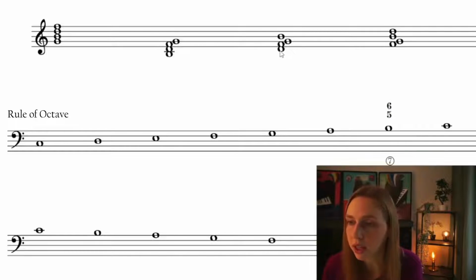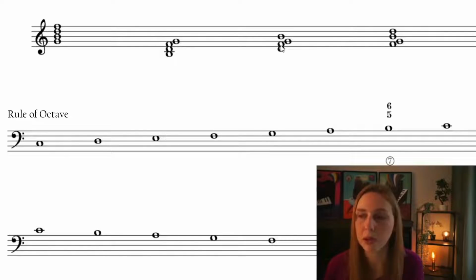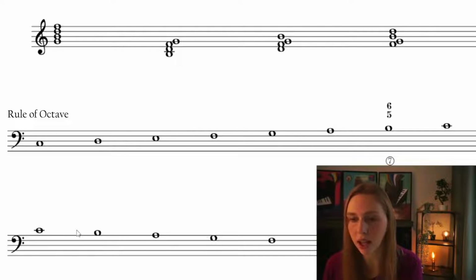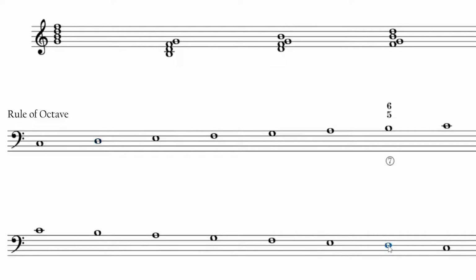Going to the second inversion, so the 3, 5 chord of the dominant seventh chord, it has two places. It can be placed either on the second degree going upwards, or it can be placed on the second degree going downwards. Using the melodic degrees, I would write a 2, the second degree.